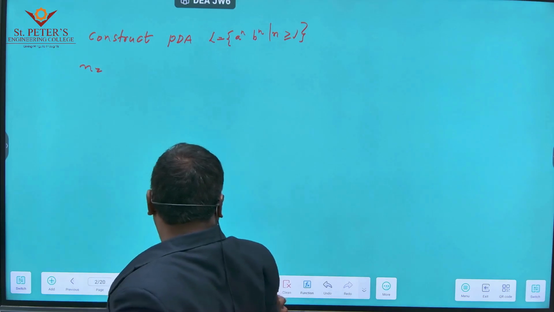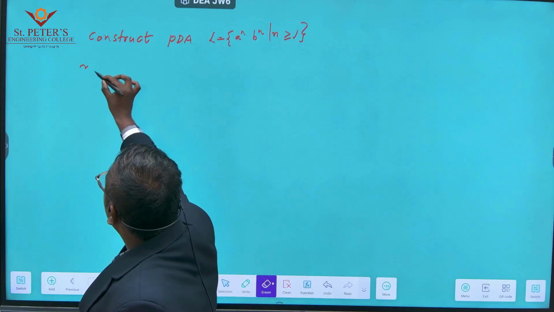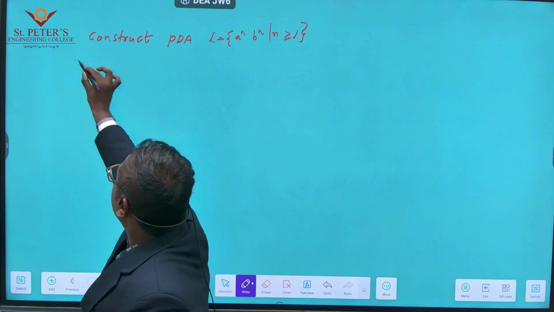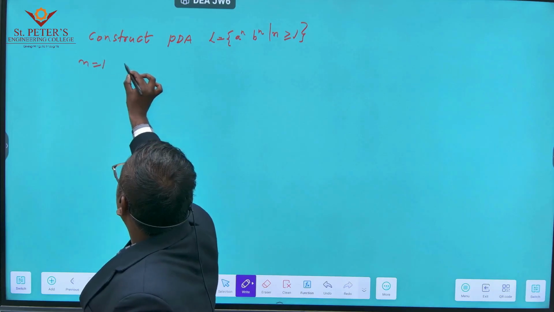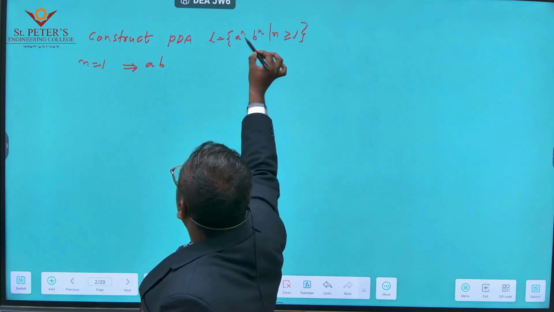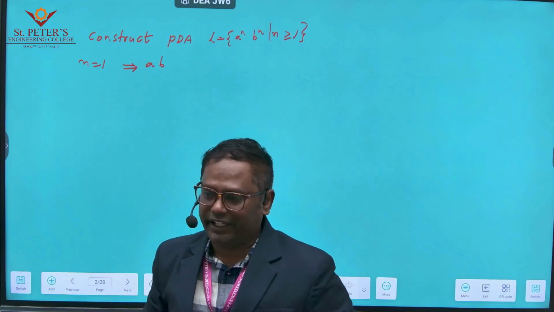The string generated is AB. I am substituting 1 here, a power 1 and b power 1, which is AB.